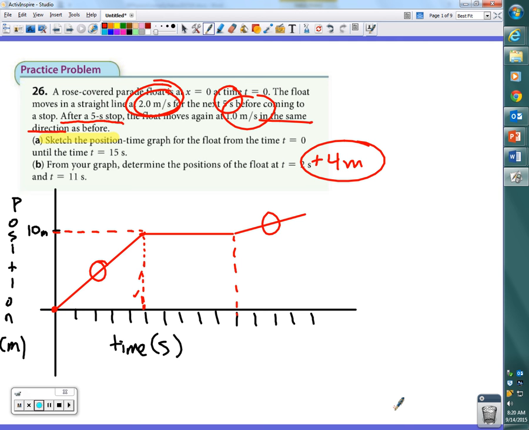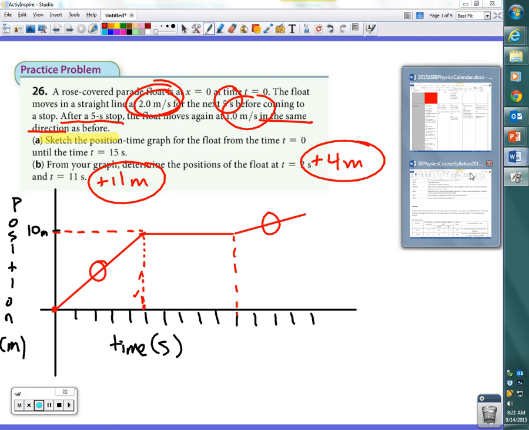It has direction, right? There's another 4 meters that's on the other side of where it started, right? And then at 11 seconds, it should be plus 11 meters? Yes? Does that make sense? Good. All right, good there.